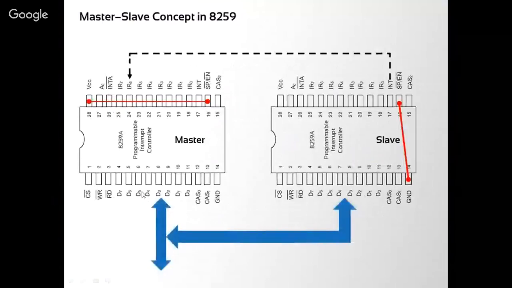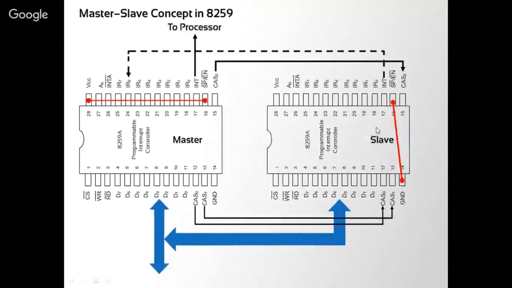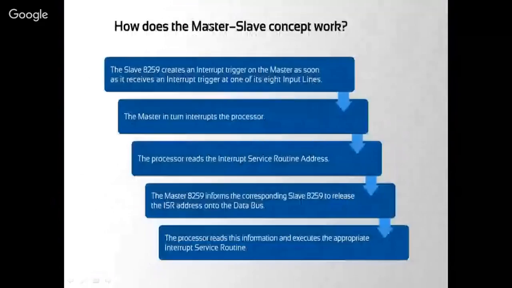All data lines are connected with the data lines of the slave. These are the cascade lines CAS0, CAS1, CAS2, which provide the identification number to the slave. And the INT pin of the master is connected with the processor. That is the process of 8259 PIC. Thank you very much.